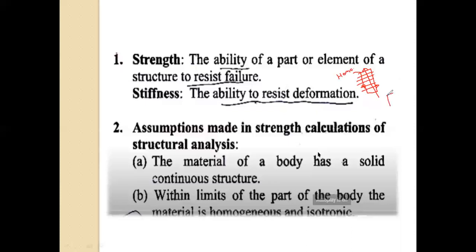And isotropic means the elastic properties are the same in various directions. You have to check the elastic properties in each direction, and if they are the same in every direction, then this material is known as isotropic.